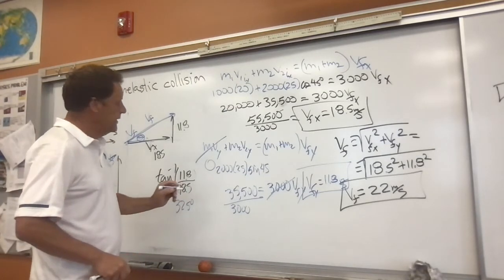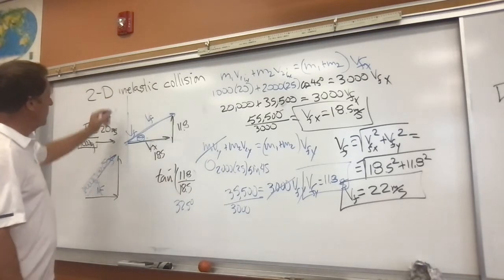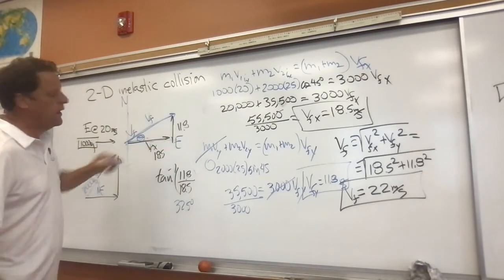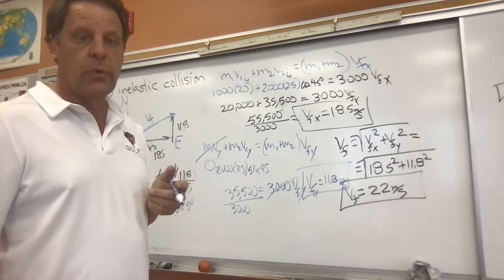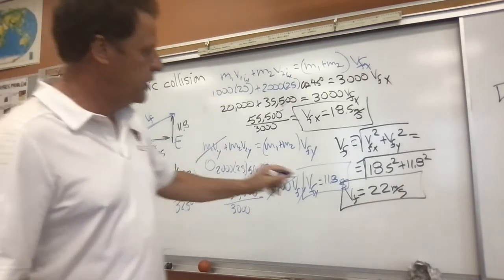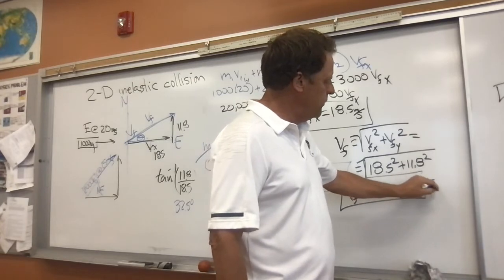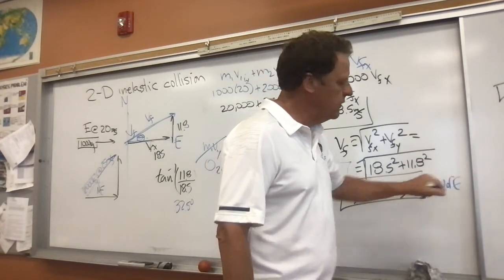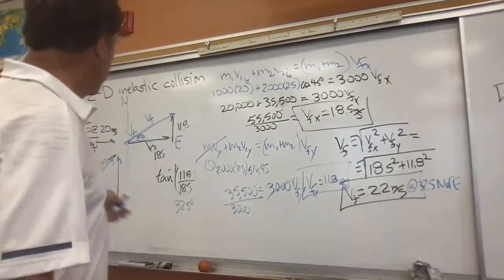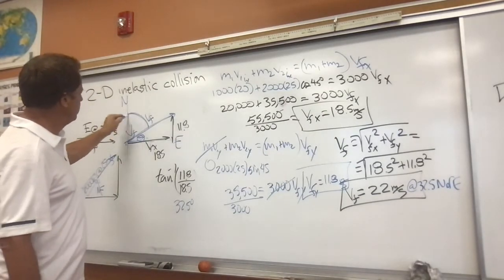32.5 degrees. Now, if we look, now notice that I had north, south, east, and west. So I could say 22 meters per second at 32.5 degrees north of east. But I could also convert that, okay?